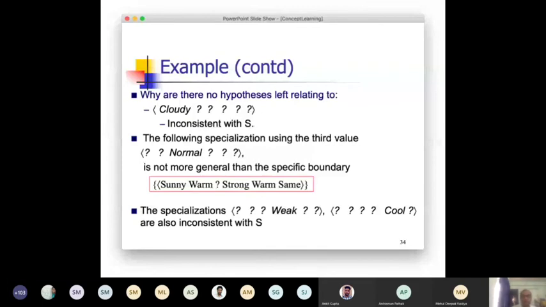It's not more general than the specific boundary. So these specializations are also inconsistent with this. I hope now you can find out why some of you have asked questions about why those two can be put together. There could be some more general ones, but with respect to your training examples, they are not consistent. So that's why it is not there in your boundary.